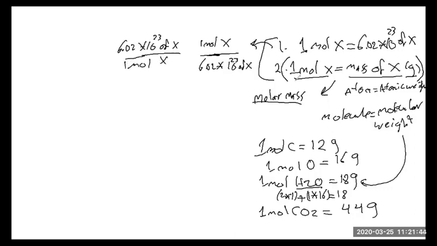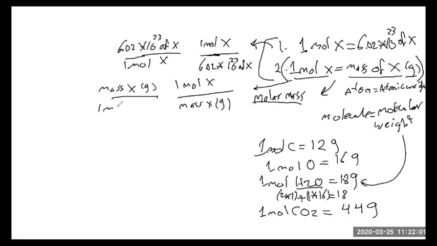Same thing with the molar mass, the second meaning. Here, say 1 mole of X divided by mass of X in grams. Or you can flip it and say mass of X in grams divided by 1 mole X. So when you are dealing with a question talking about mass or mole, you have to use one of these factors, or sometimes we need to use both factors in our calculation.